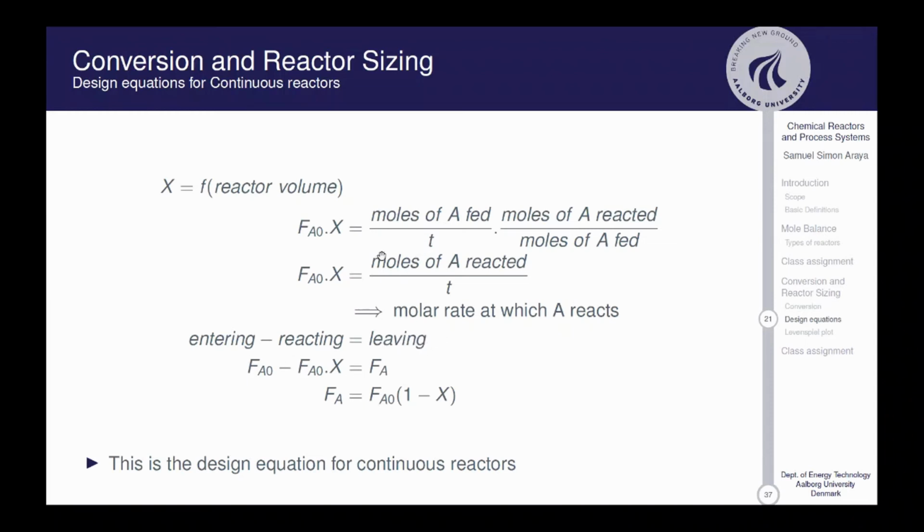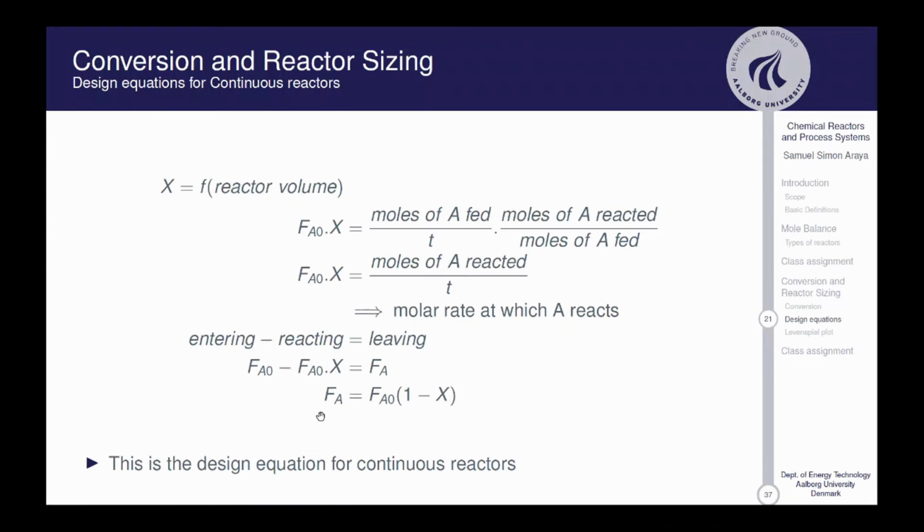And just putting what we have here, the moles of A entering times the conversion is what reacts, and then what's leaving is basically what's not reacted. So that's the flow of A from the reactor. Therefore, the moles of A remaining or leaving the reactor are FA0 going into the reactor times 1 minus X. And this basically is our design equation.